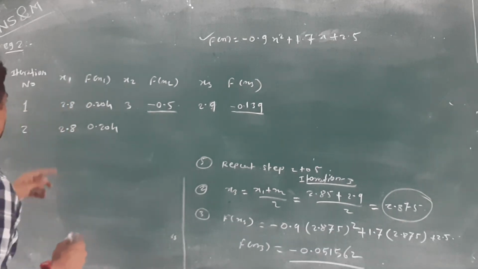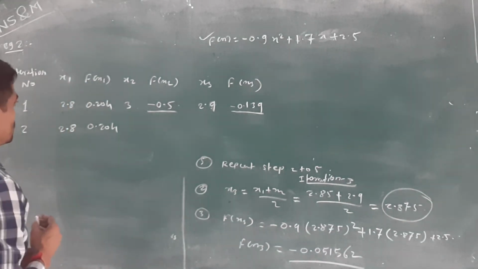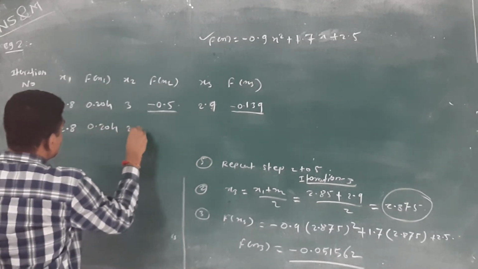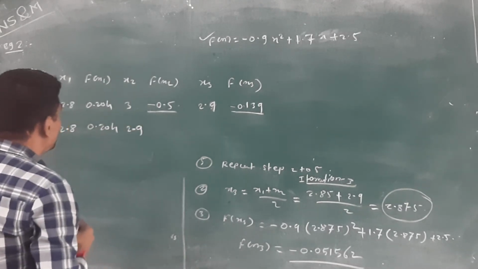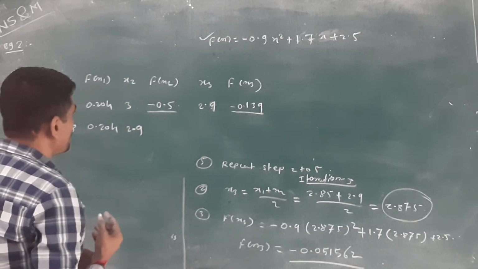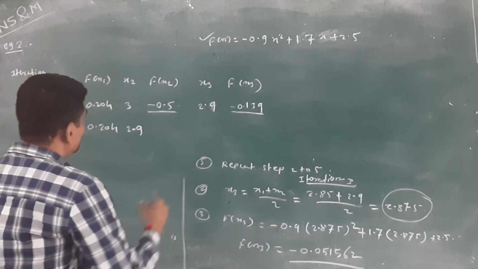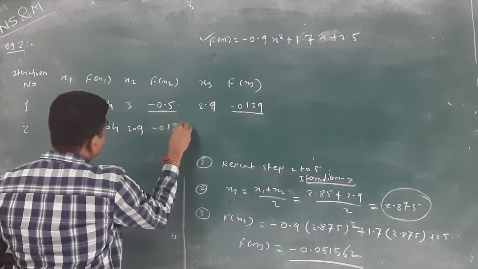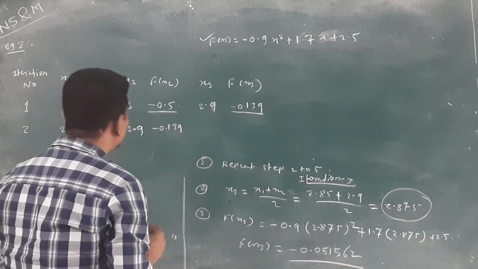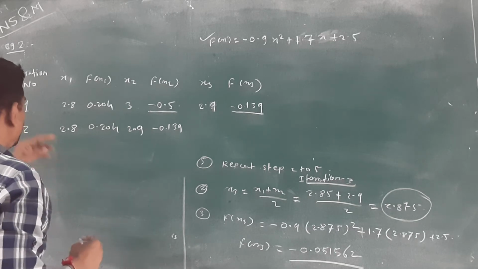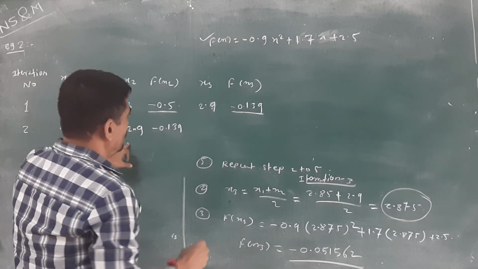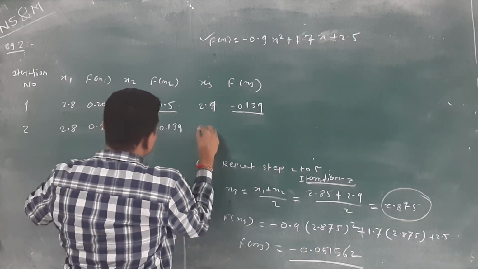Then what is the value of x2? We have calculated that value, 2.9. What is the value of f of x2? Again we have got 0.139. Then what is the value of x3? (x1 plus x2) divided by 2, so you will get 2.85.